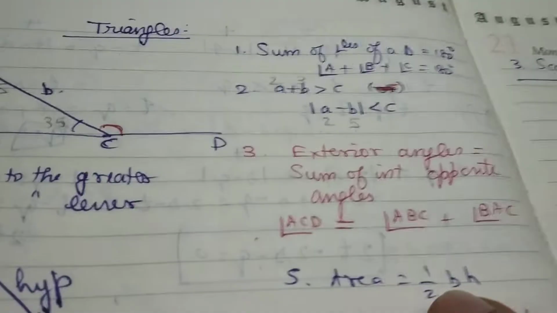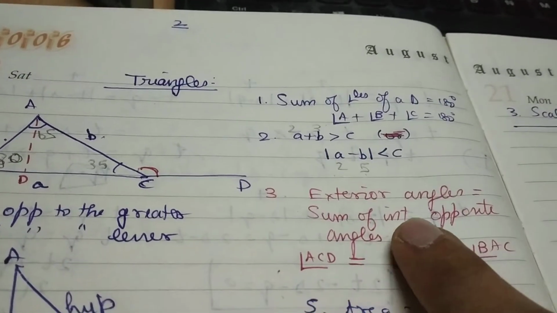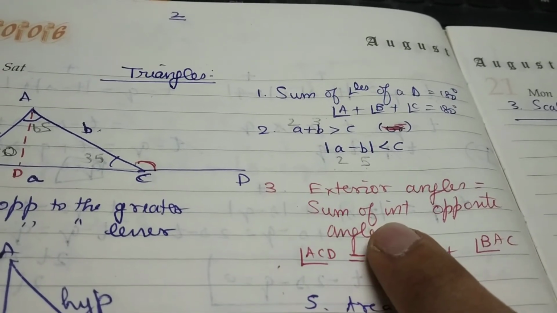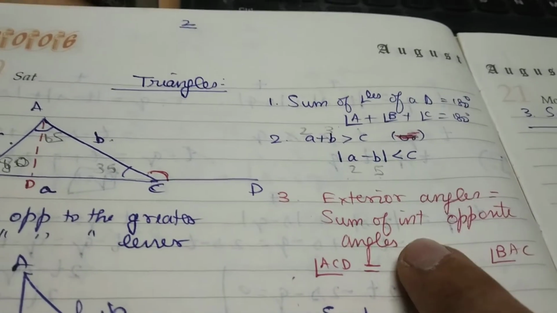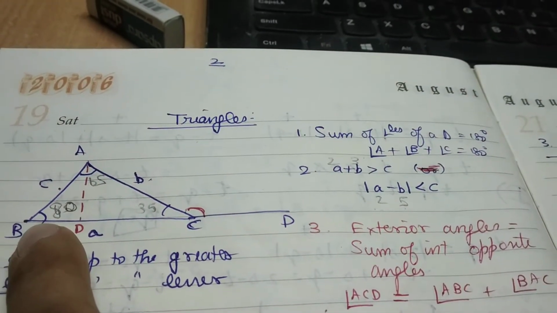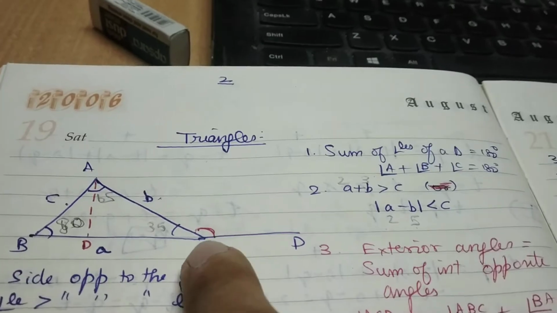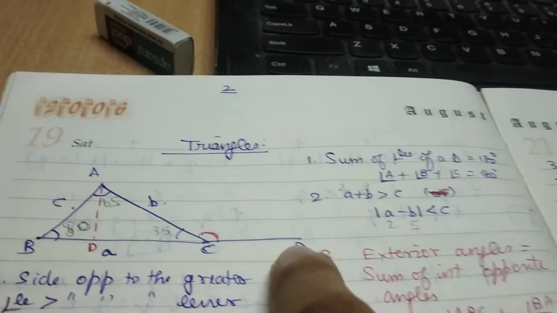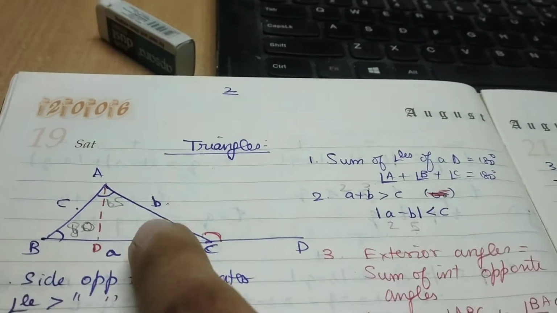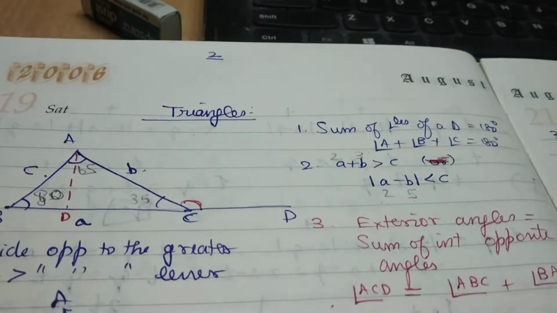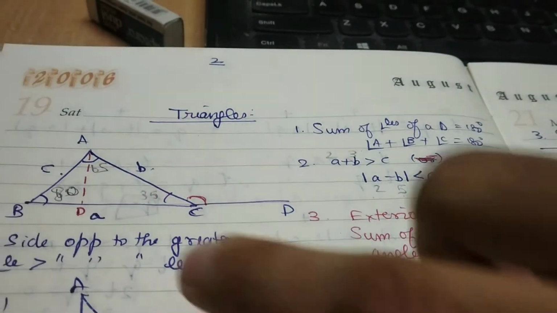The third property is that the exterior angle will always be equal to the sum of the interior opposite angles. Exterior angle in the sense that I extend one of the sides. So I prefer to extend the side BC to D. Here the exterior angle ACD will always be equal to the sum of the interior opposite angles.